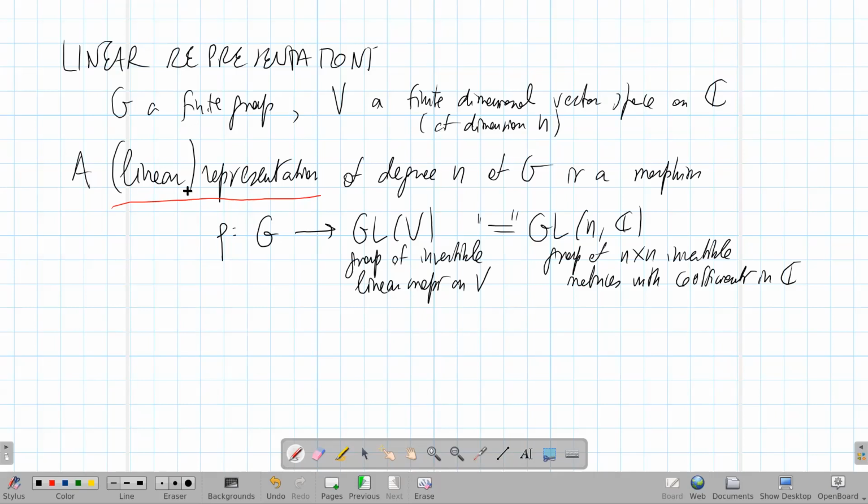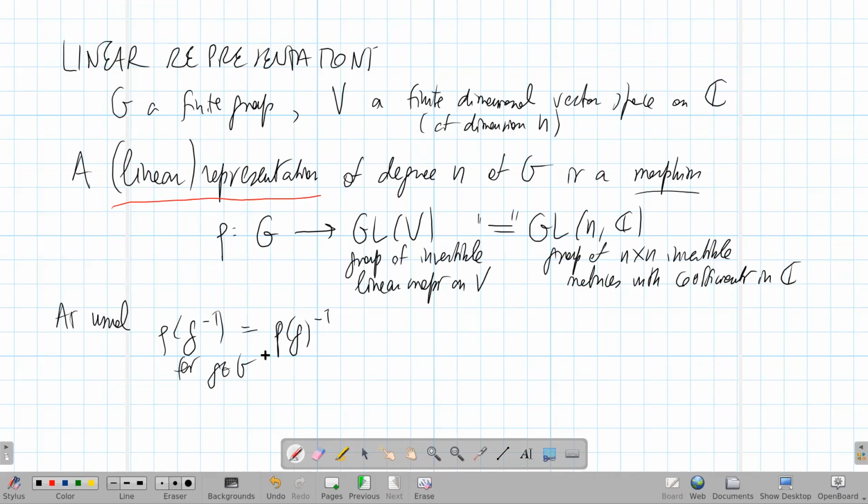Okay, fine. Let's note a few immediate consequences. As usual, since rho is a group morphism, if rho is a representation, rho of the inverse is the inverse of the image, okay, for g in G.